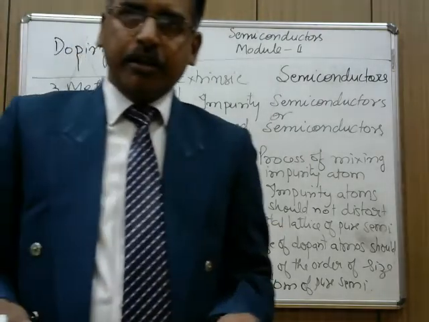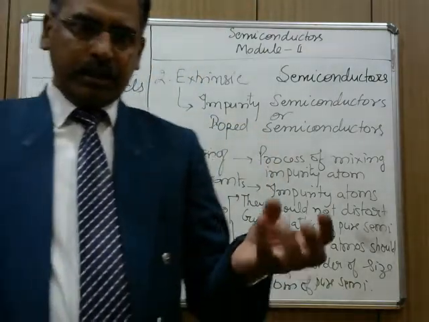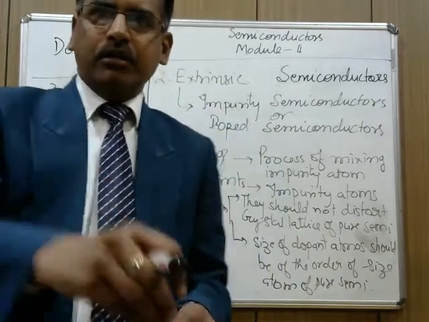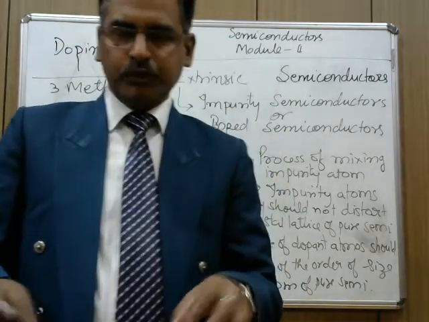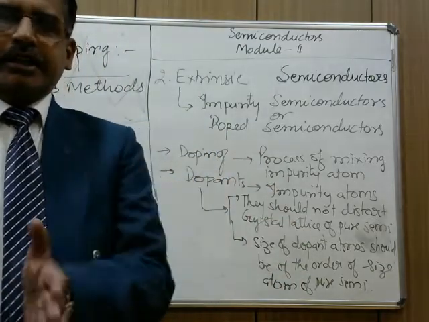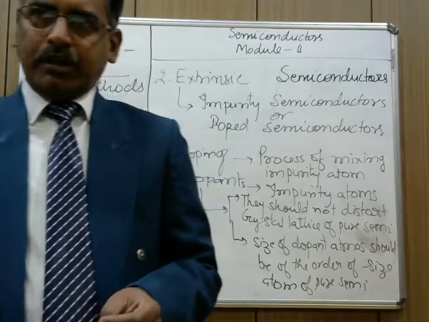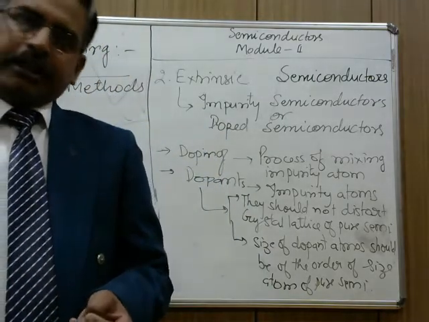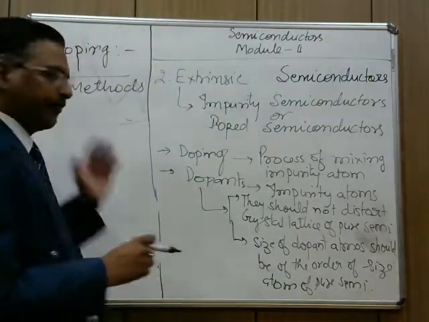Molten means you heat up the pure semiconductor, and when it becomes liquid, then you add impurity atoms, so that when it cools down, the dopant is adjusted in the pure semiconductor. The dopant fits itself in the crystal lattice of the pure semiconductor. This is the one way.